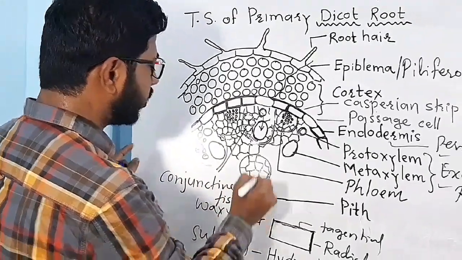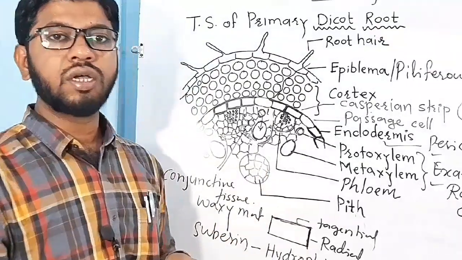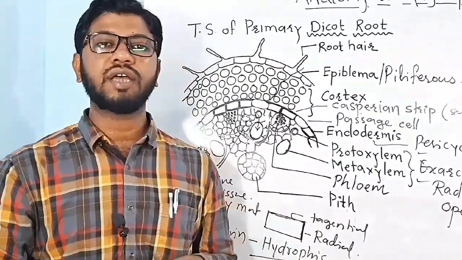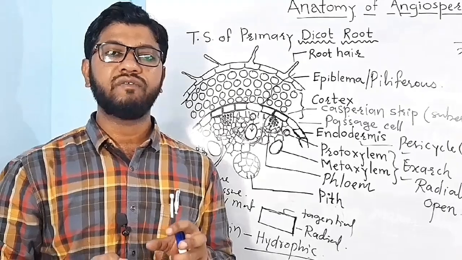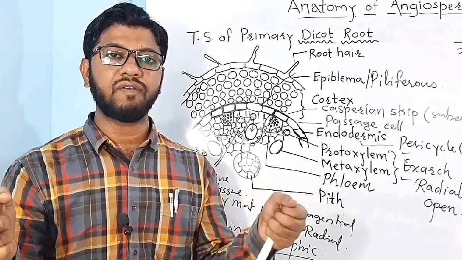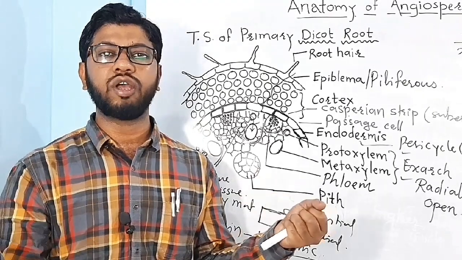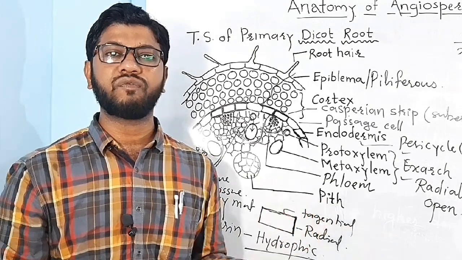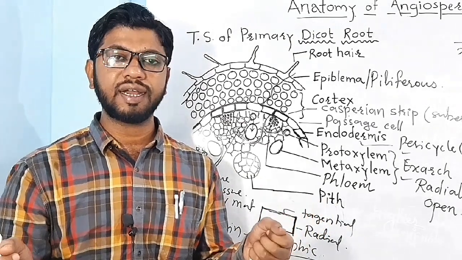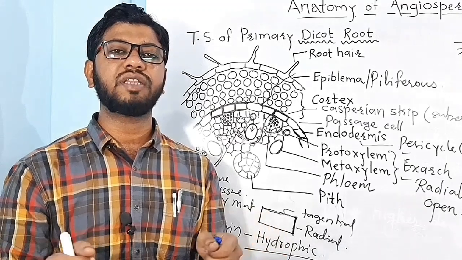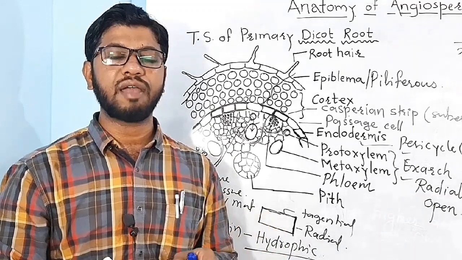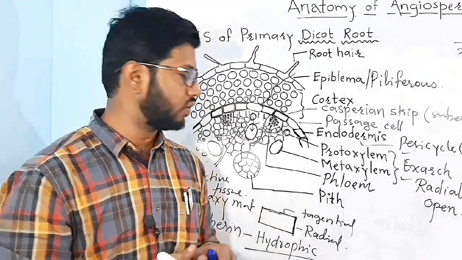So what is conjunctive tissue? Conjunctive tissue are the parenchymatous cells which are present between xylem and phloem. As xylem and phloem are situated on different radii, they are alternately present. So in between that, a strip of parenchymatous cells is called conjunctive tissue.